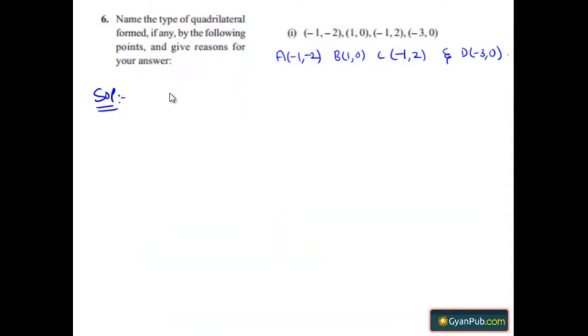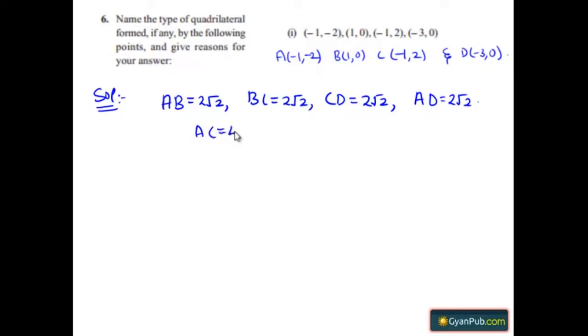Here we got AB equals 2 root 2, BC equals 2 root 2, CD equals 2 root 2 and AD equals 2 root 2. Also AC equals 4 and BD equals 4. Here we got AB equals BC equals CD equals AD.